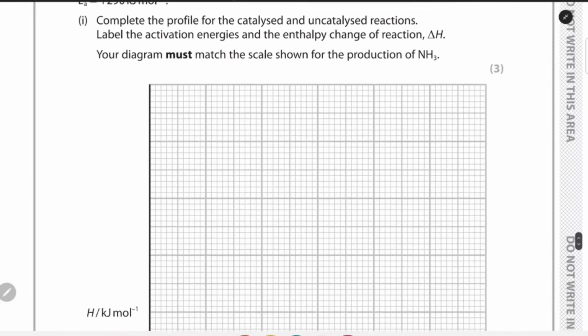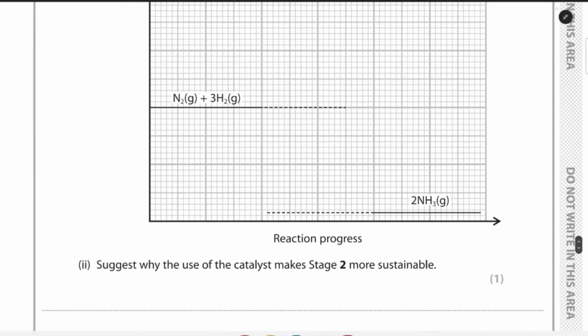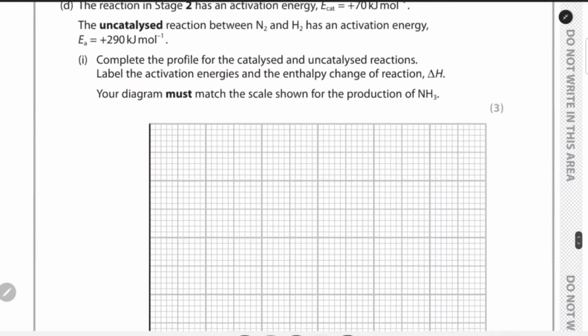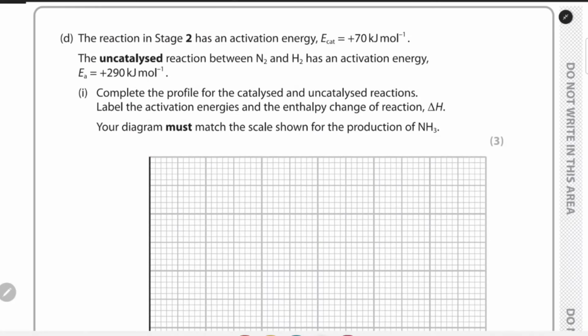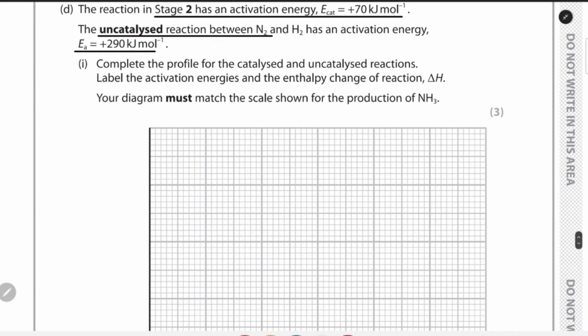Now moving on to part D, we are given a graph over here. We are told that the reaction in stage 2 has an activation energy of 70 kilojoule per mole, and the uncatalyzed reaction has an activation energy of 290 kilojoule per mole. We have to complete the profile for the catalyzed and uncatalyzed reactions.